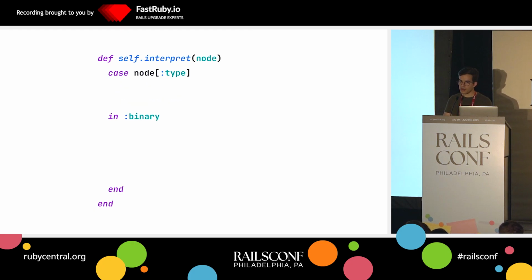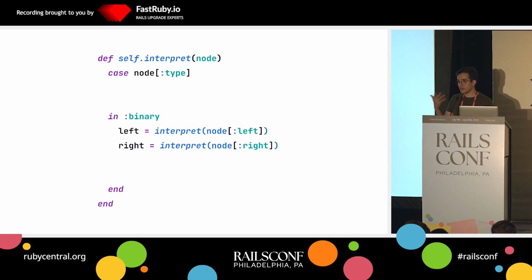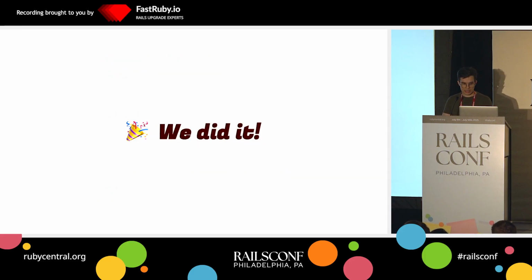But if it's a binary node, then what we do is we interpret the left side recursively. So that gets us the left side, and then we interpret the right expression. And lastly, we'll do the send call using the left side and passing as arguments the operator and the right side. And that's it. We did it. We just built a very simple interpreter.